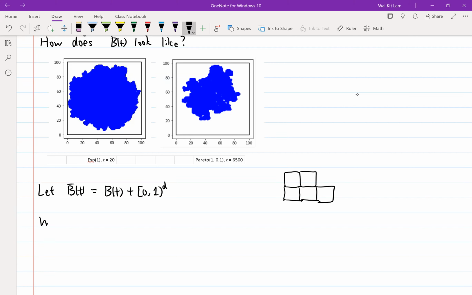Let me call this the weak shape theorem, because there is a stronger one. I think this is proved by Kesten, and it is stated as follows.